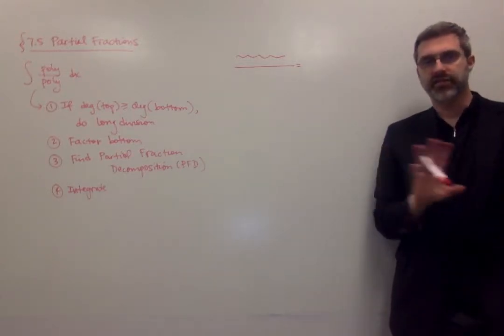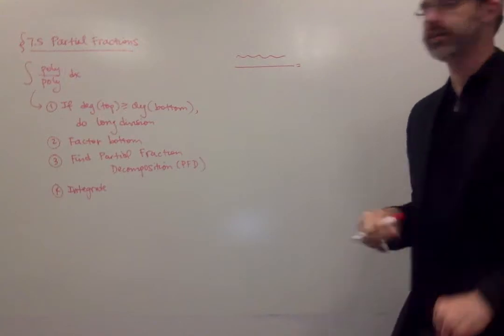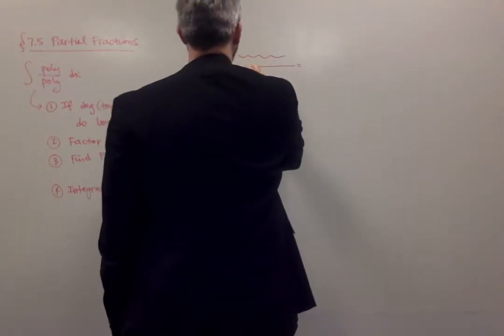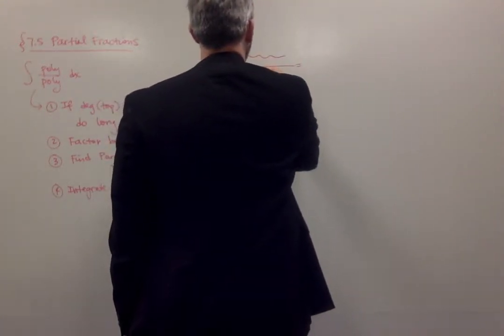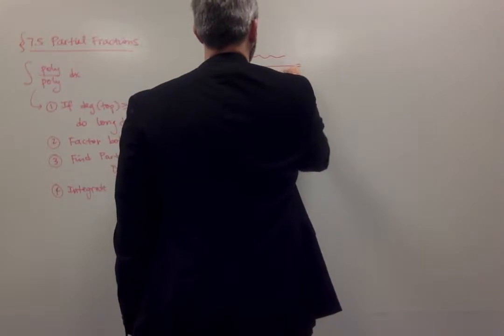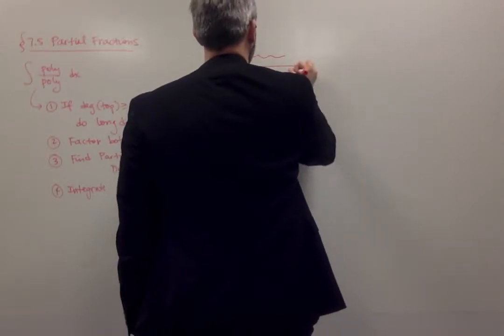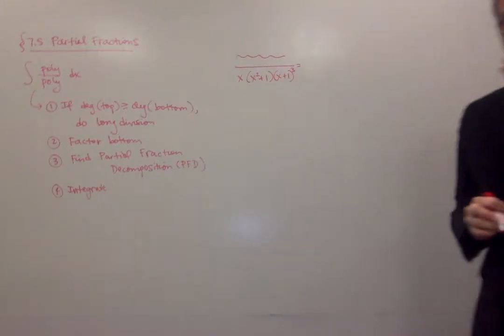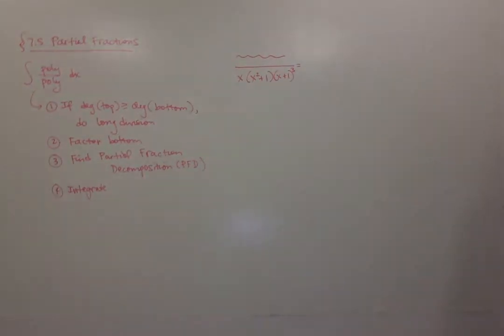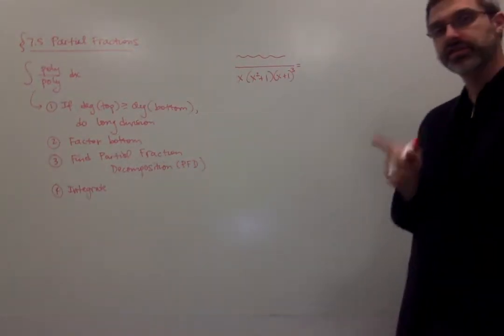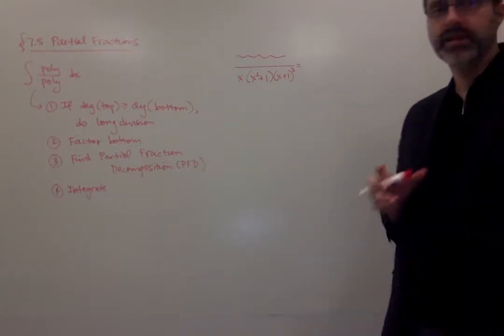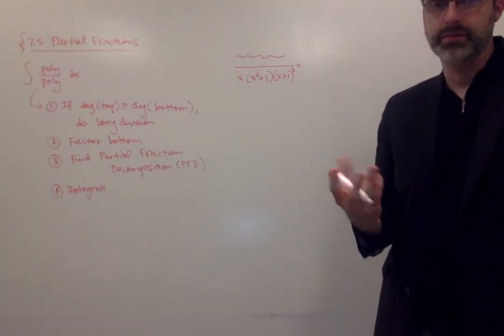But don't solve for the coefficients. So let me give you an example here. I could say something like, let's suppose we have x times (x squared plus 1) times (x plus 1) cubed. What is the form of the partial fraction decomposition here, but don't solve for the coefficients? That could be a quiz problem or an exam problem.